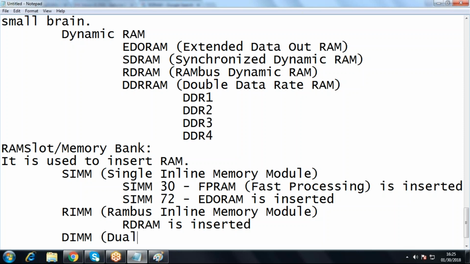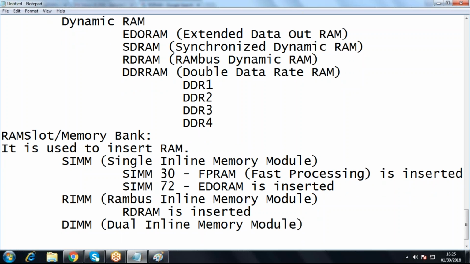DIM, dual inline memory module. In this, I can insert SD RAM and DDR RAM.